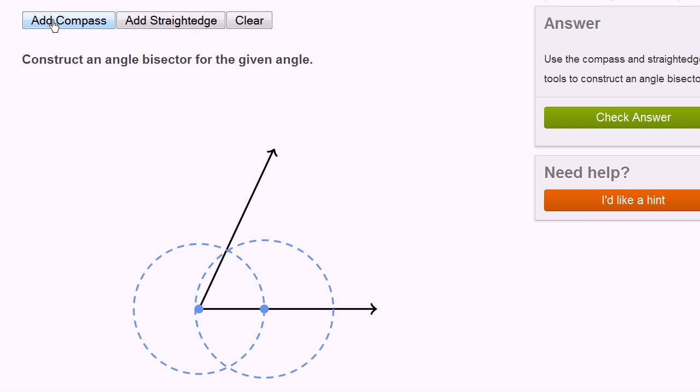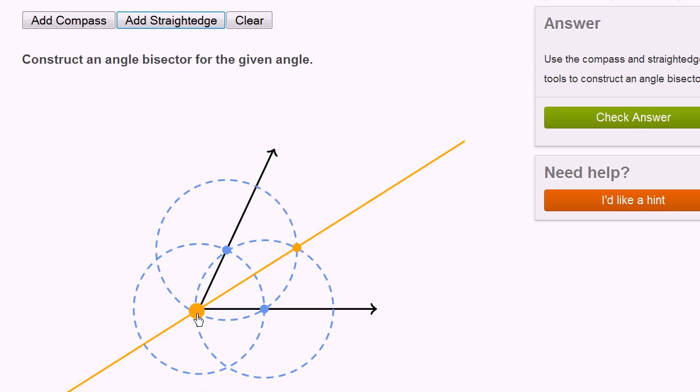And then I do that again. So this circle is centered at this point and has a radius equal to the distance between that point and that point. And then the two places where they intersect are equidistant to both of these points. And so we can now draw our angle bisector, just like that.